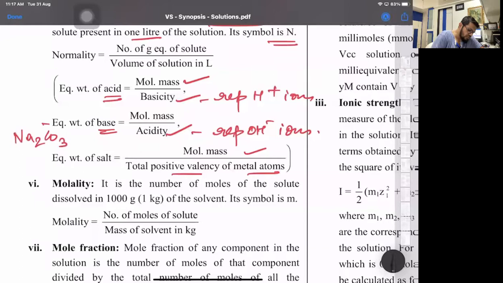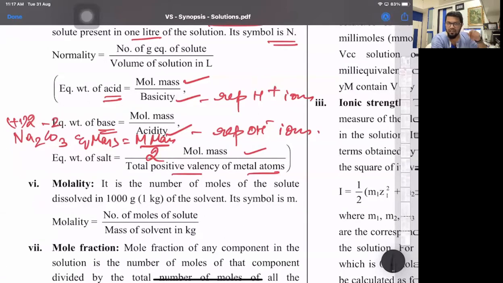Carbonate, the net charge is -2. Sodium, the net charge is +2. So the equivalent mass will be the molar mass divided by 2. So molar mass of Na2CO3 divided by 2, that will be the equivalent mass of the salt.